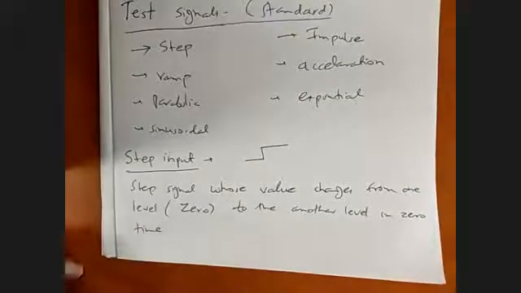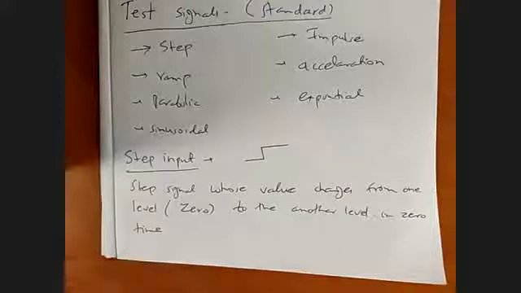Means the input is suddenly applied like a switch. We have a DC supply. Before the switch is on, we have 0 input given, and when the switch is on, we will be getting a constant DC supply in the output.